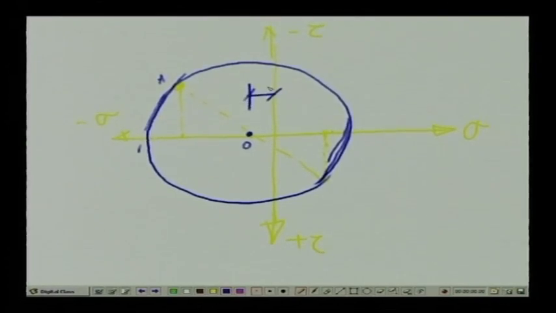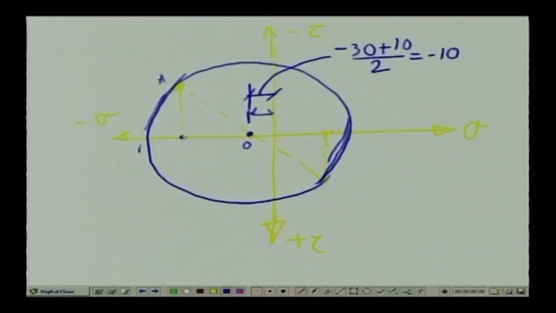the tau axis is sigma x plus sigma y by 2. Now, here sigma x is minus 30, sigma y is plus 10, that divided by 2, that gives you minus 10. So, this distance is minus 10 MPa, and this particular point refers to sigma x, which is from here as minus 30.